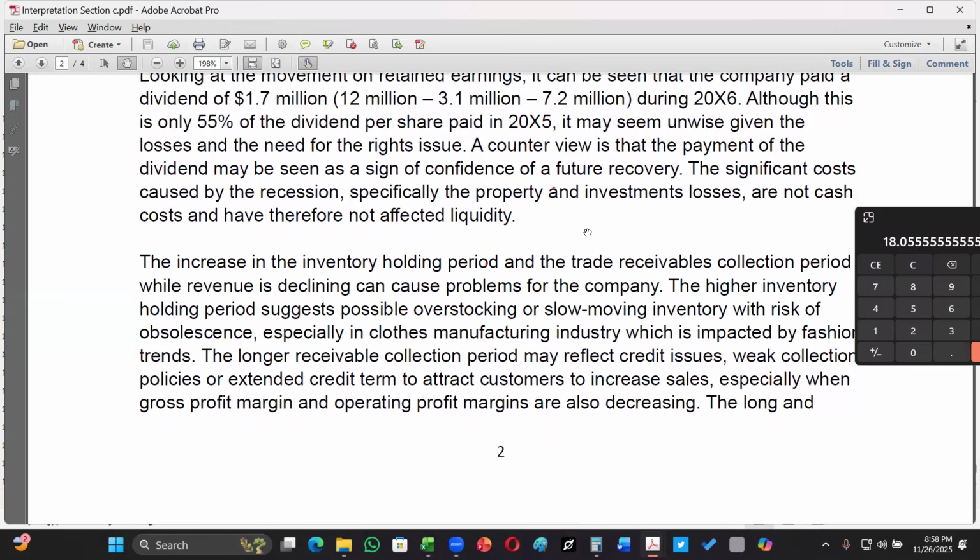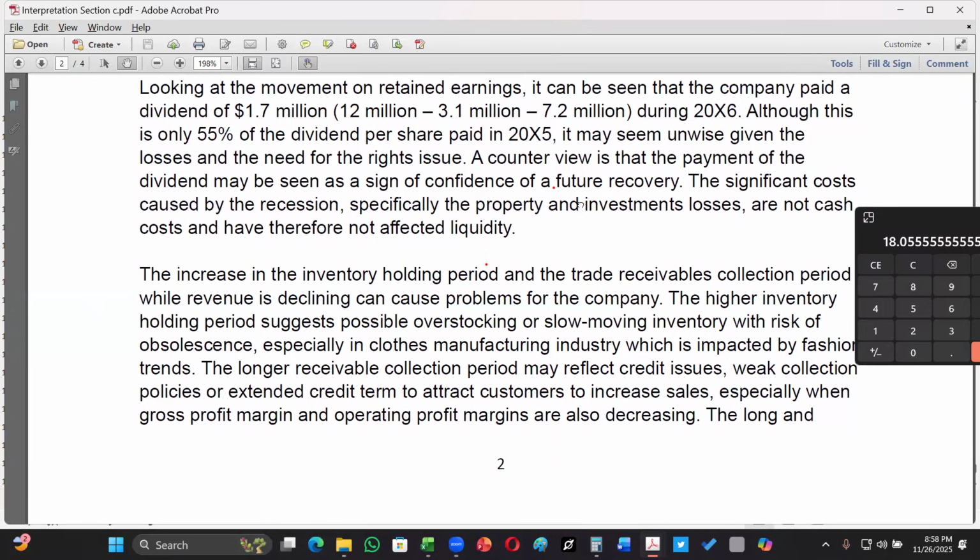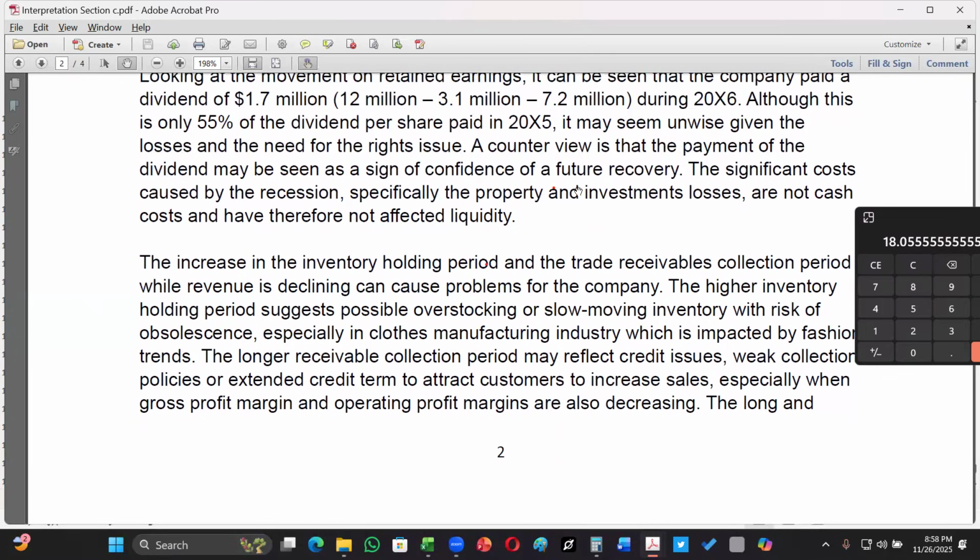If we did not give the dividend, the shareholders would not have the same confidence in the company. So we discussed that it might be bad because of the situation, and it might be great to win the confidence of the shareholders.